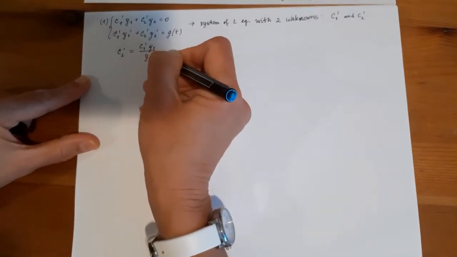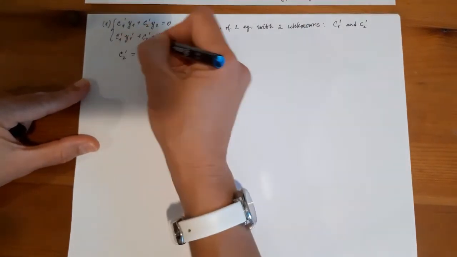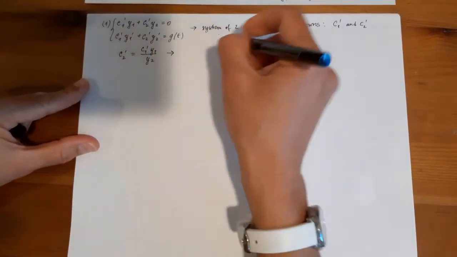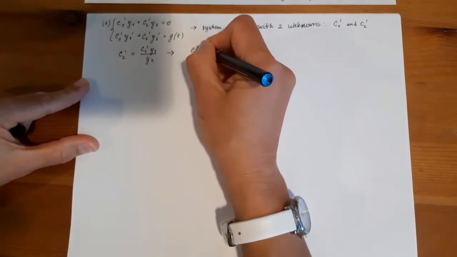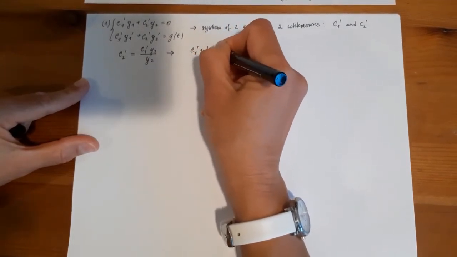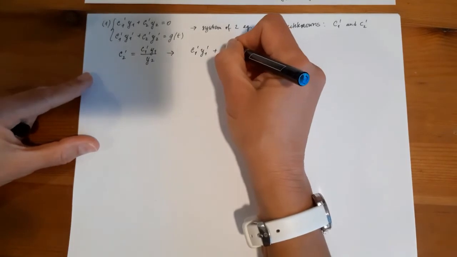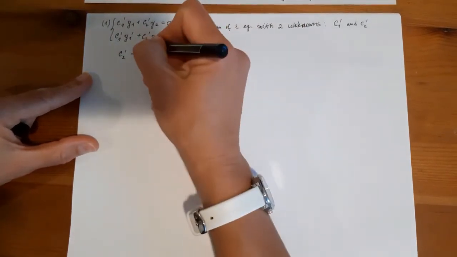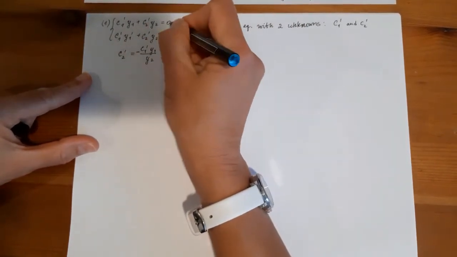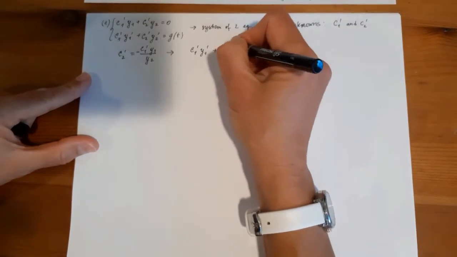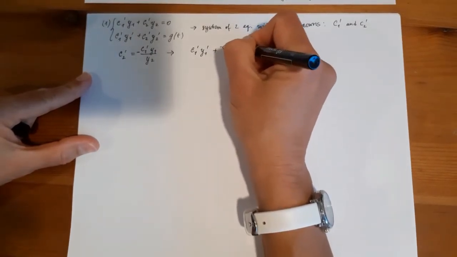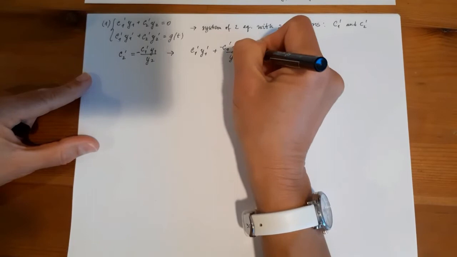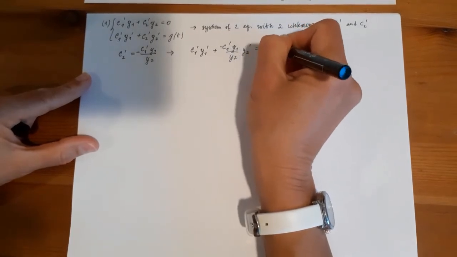We do know y1 and y2. Then plug it into the second equation. So we have C1 prime, y1 prime plus, oh, sorry guys, I forgot a minus here. When I was moving this to the other side, it's minus. So minus C1 prime y1 over y2 y2 prime equals g of t.